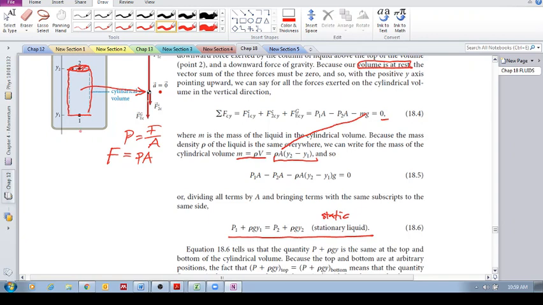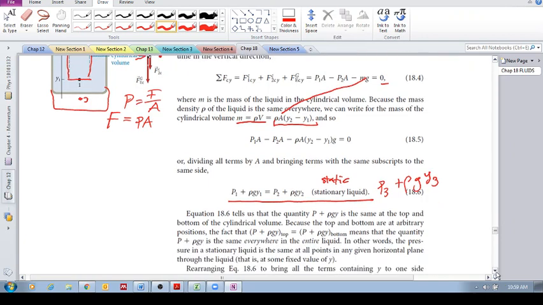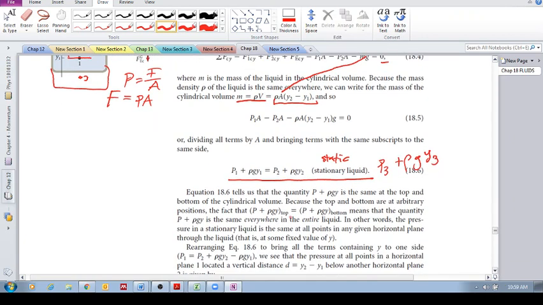And if you chose another point, say 3, if this was deeper, you could have P3 plus rho g y3. There are two things we need to see from this. The one is that this quantity, pressure plus density times gravity times the depth at which you're measuring that pressure, is the same everywhere in the entire liquid.